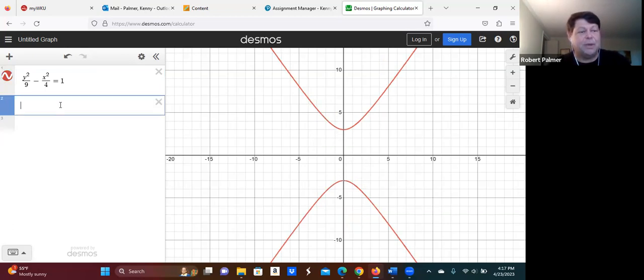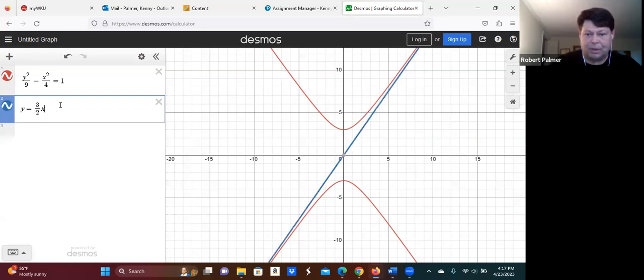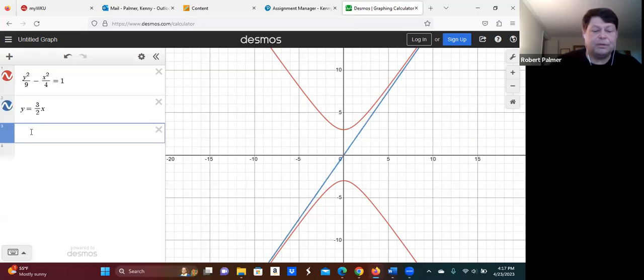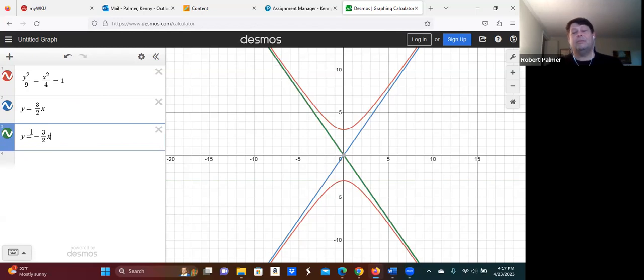We should have an asymptote at y equals 3 halves x. That looks reasonable. And the other one is the same, just negative, so y equals negative 3 halves x. Yeah, there we go. Good, so that's an accurate equation.